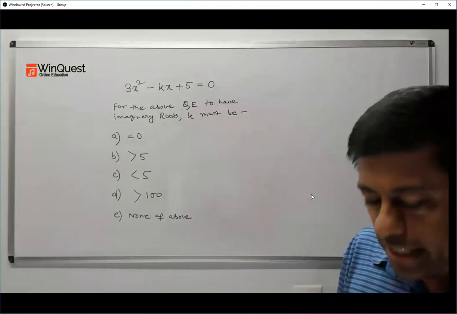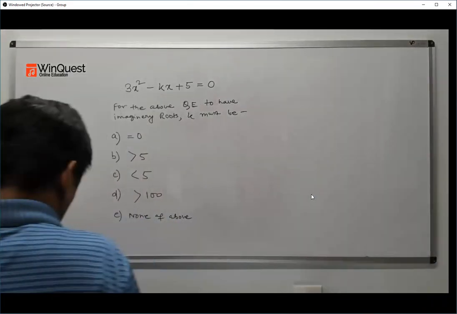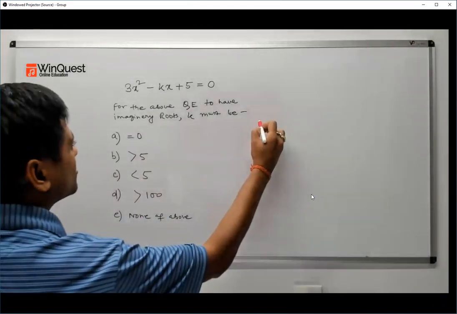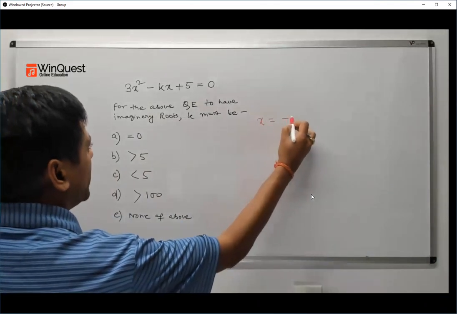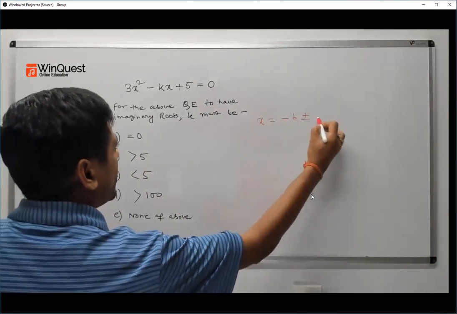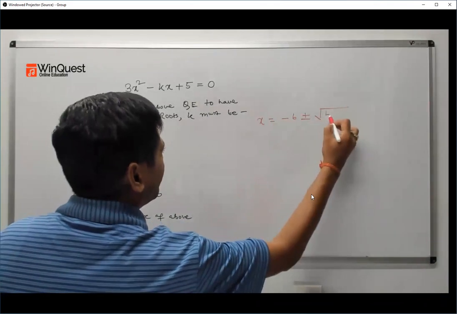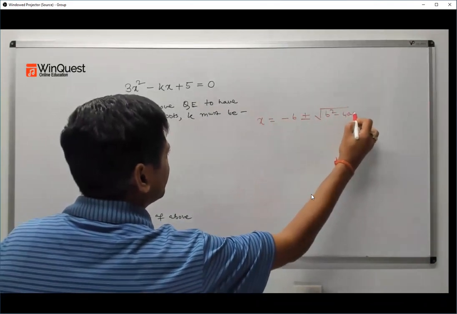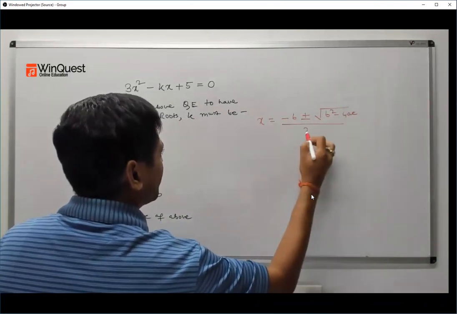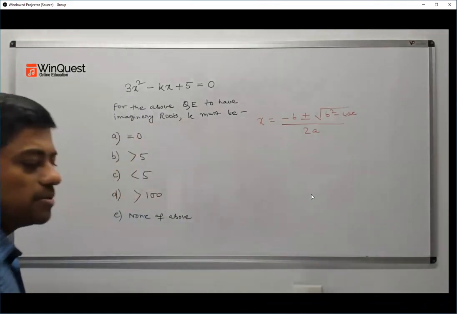Okay. What is the key idea? First of all, look at the formula very closely. x equals to find out the roots, we had this formula, b square minus 4ac by 2a. Now what we said?